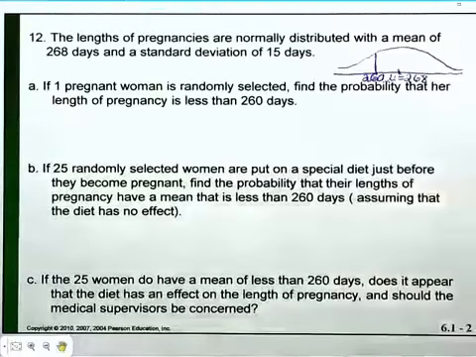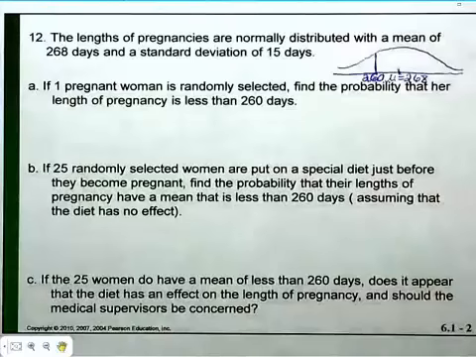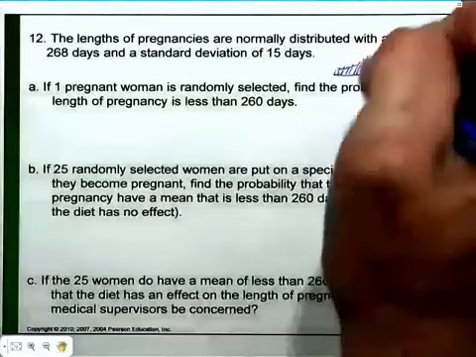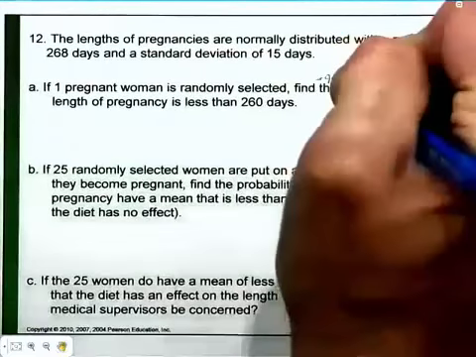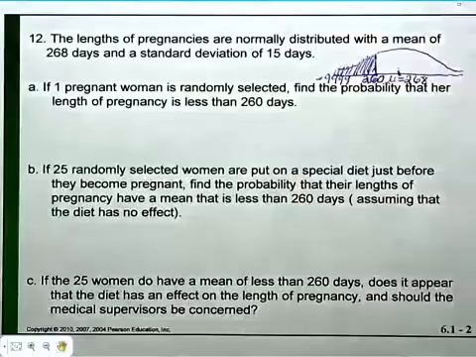And since I'm looking for a probability that the pregnancy is shorter than 260 days, would I shade to the left or to the right of 260? To the left, and that means I'm going to use negative 9999 for my left score. That's just 8 days early, a baby being born 8 days before the mean length of a pregnancy.